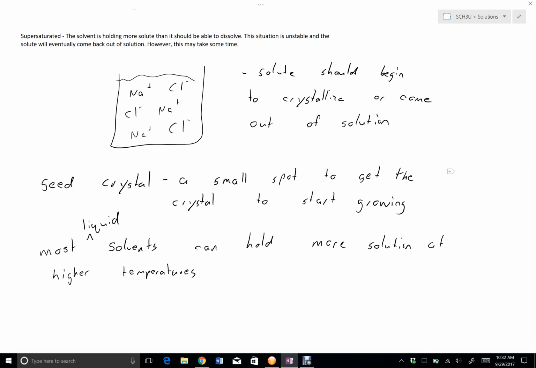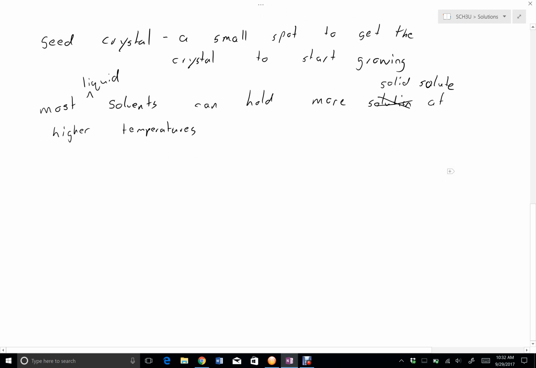Most liquid solvents can hold more solid solute at higher temperatures. That's what I mean. So if I'm imagining, for example, salt and water, to get more salt dissolving in that water, I can simply raise the temperature of the water to get the solubility up a little bit higher.